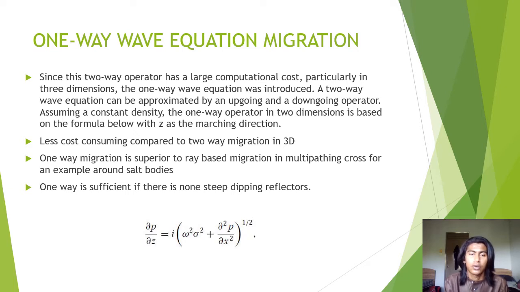One-way equation is also less costly compared to two-way migration in 3D. One-way migration is superior to ray-based migration in multipathing cases, for example around salt bodies. And one-way is sufficient if there are non-steep dipping reflectors.